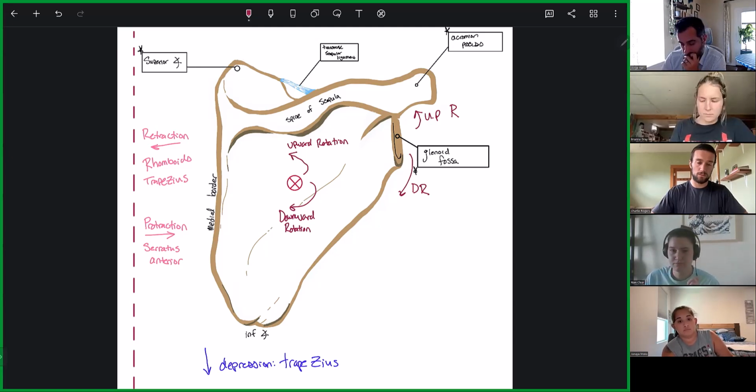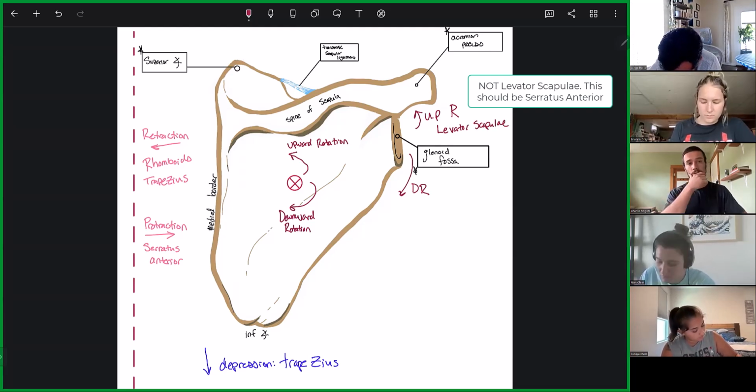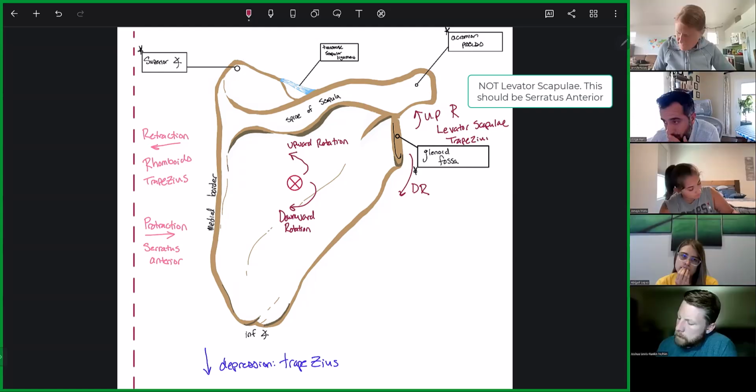Okay, upward rotation is going to be contributed from levator scap as well as the trapezius. And I know that this is a little weird to think about, but I am going to draw on those attachments to remind us why this is happening.